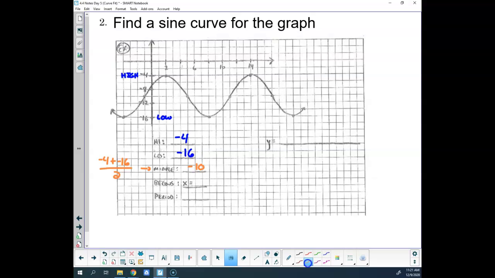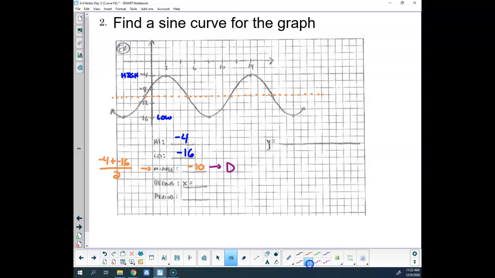Now that's important for us because that value is my D value. My middle is my D value. Let me put my middle on here, right there.